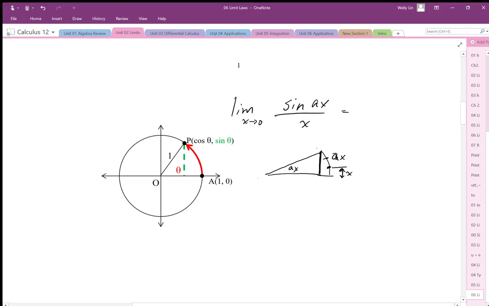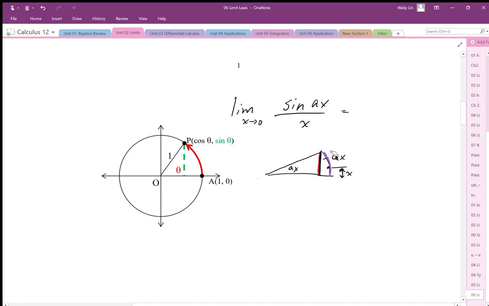Well, this is going to be essentially ax to this vertical line. Maybe I'll try to be a little bit more clear about this. This purple line compared to the vertical line here is essentially going to be a 1-to-1 ratio as we get closer to 0. And if this is a 1-to-1 ratio, this shorter piece, which is the x in the denominator, should be a 1-to-3 ratio.